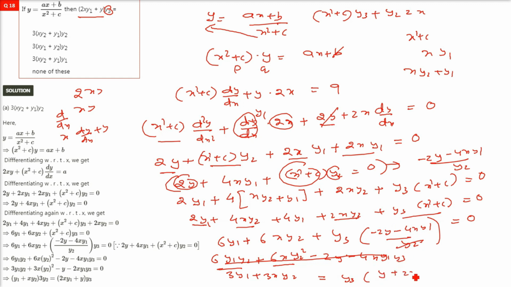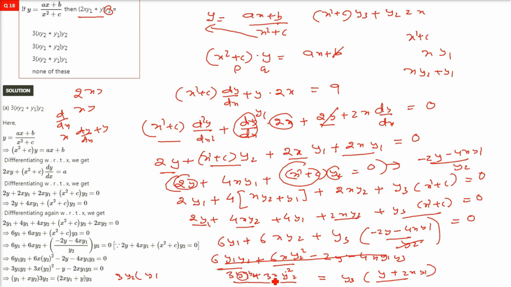Now y plus 2x y1 into y3 is being required in the question, and if you take the left hand side of this, you can take 3y2 common here. You have y2 here, you can take just 3y2 common. And when you take 3y2 common, you will see that it's going to be 2x y1 plus y into y3. Okay, so this is going to be your result, 3y2 into y1 plus x y2.